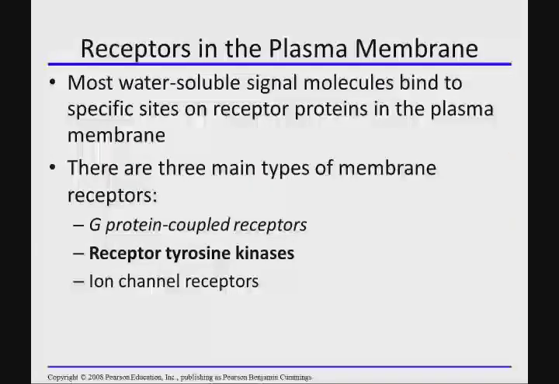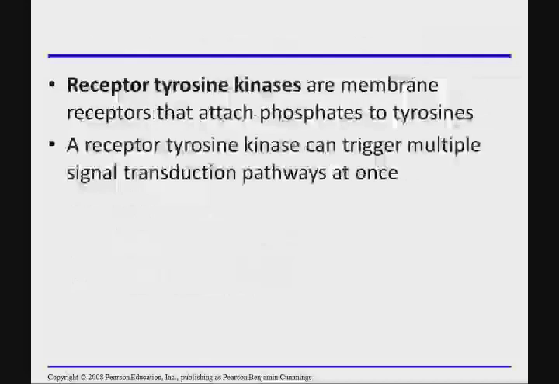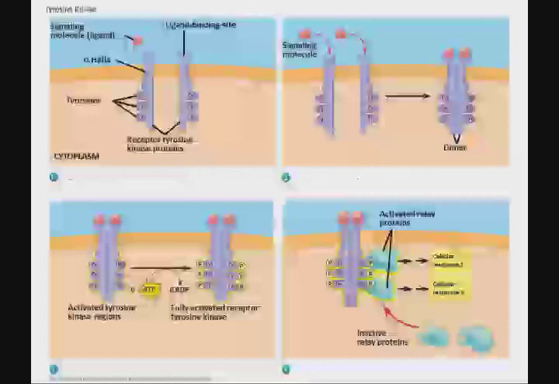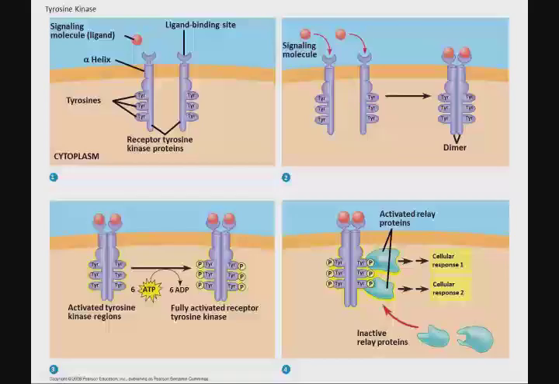Right? So again, G protein coupled receptors are one category, one class of membrane receptors. Receptor tyrosine kinases are another. Receptor tyrosine kinases have receptors that attach phosphates to tyrosines. They trigger multiple signal transduction pathways at once because they're relatively big proteins. Now, the thing about these particular kinases is they only work when they're dimerized.